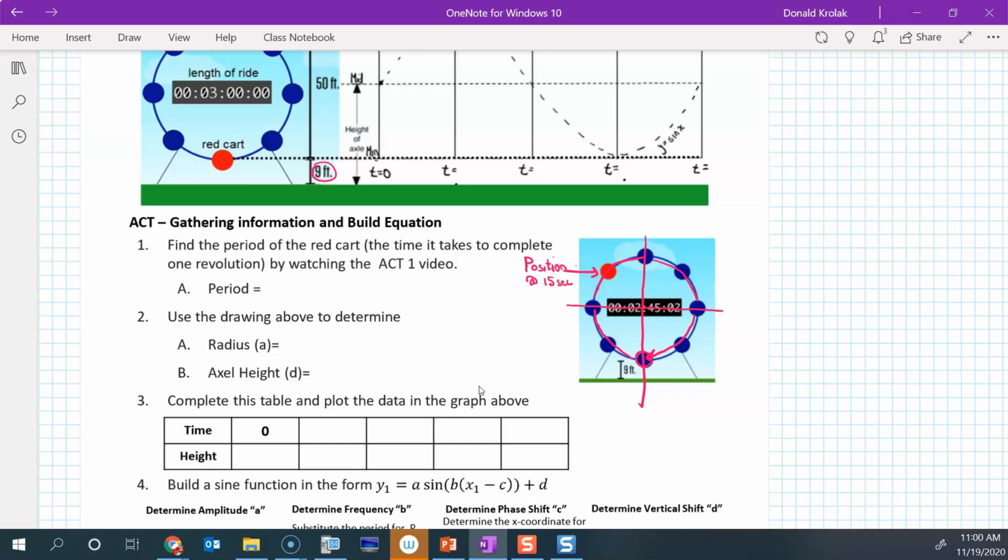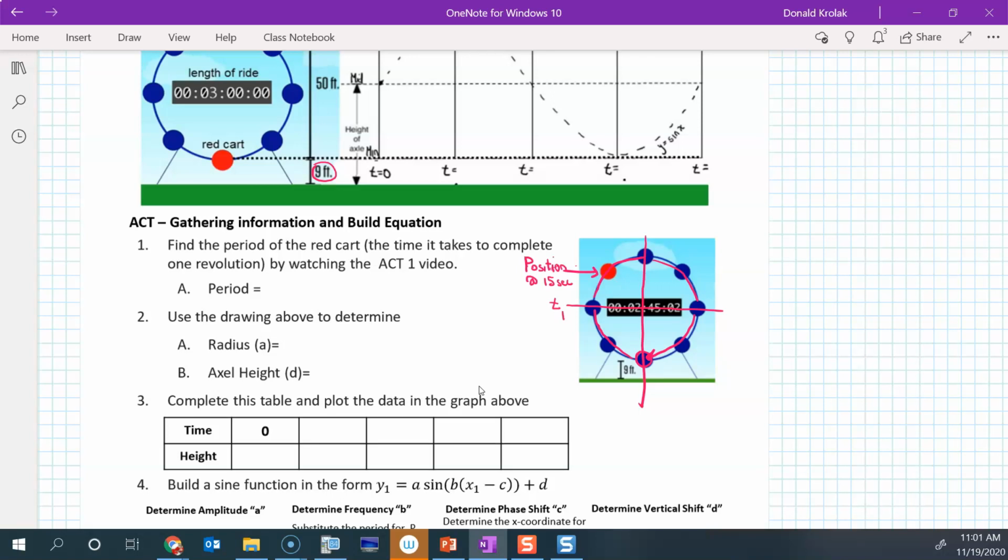So you can use that video and figure it out, or you can use a little bit of logic here and just think, if it moved from here to here in 15 seconds, how long would it take maybe to get to there? Then you can figure out what these times are.